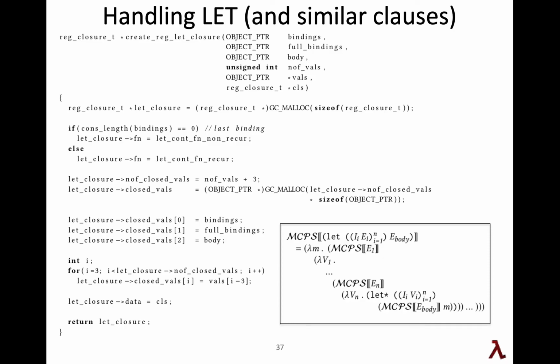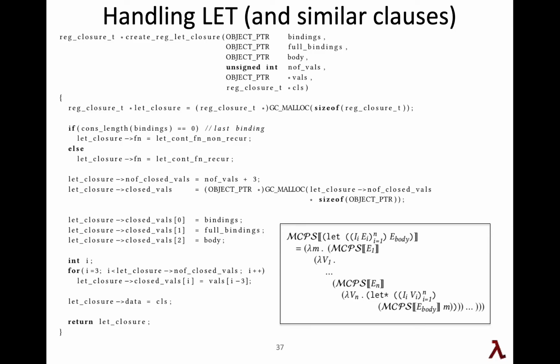The abstract code shown in the box here shows this in action, where you have an unknown number of let expressions basically telescoping, and finally you have the last bit of code, which is the actual conversion of the body of the let. So the C code equivalent of that is shown here.